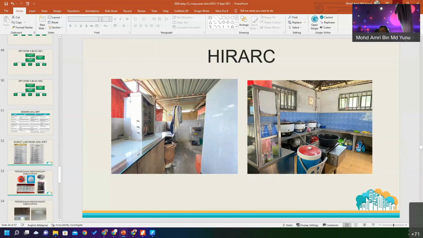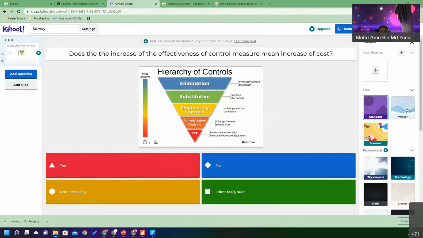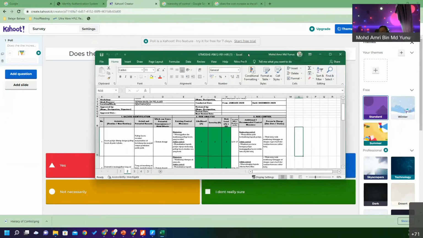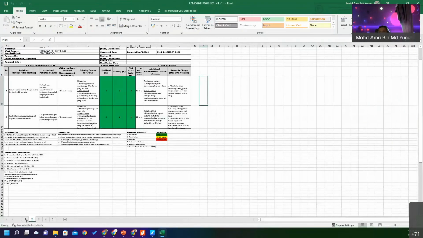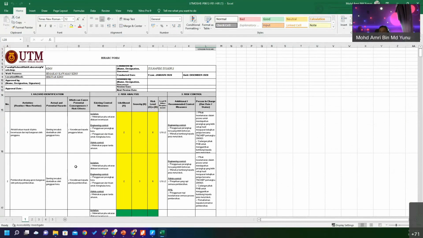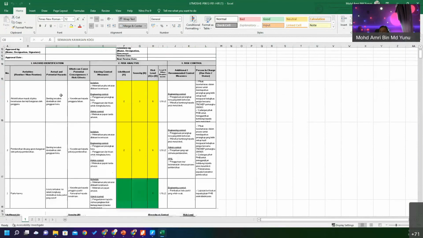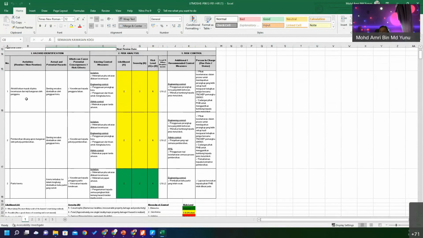So the result of the hierarchy, okay, I will show you what is in Malay. I will help you go through. This person conducted this in the core campus area of the campus. This is what they have identified.